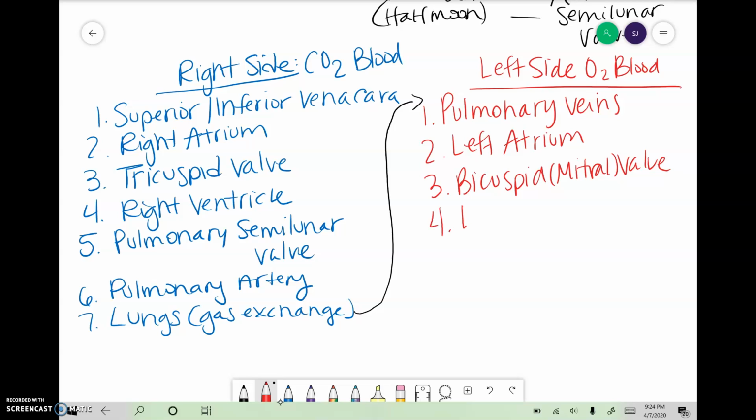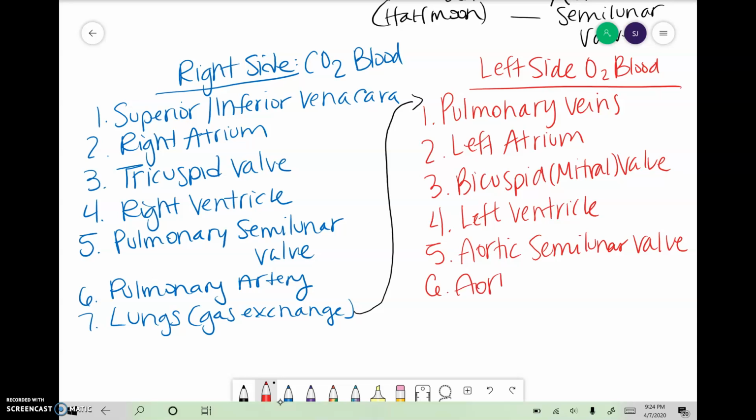Okay, and then we have the left ventricle. Okay, we have the aortic semilunar valve. And then we have the aorta. And then we are in the body. So we have the superior and inferior aorta. And then blood travels into the body.